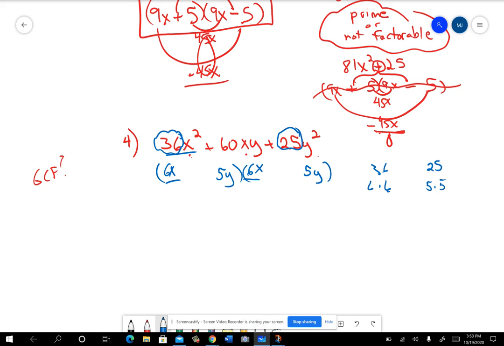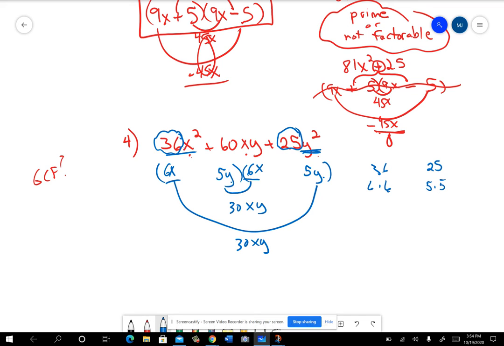Okay, and notice the y might bother you, but by putting the y there at the end, that gives you in the middle a 30xy, and here's another 30xy. It gives you the xy you need in the middle. By putting the y there at the end, you also get the y squared, don't you?